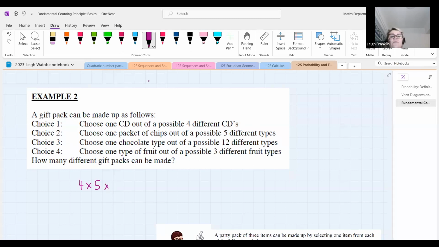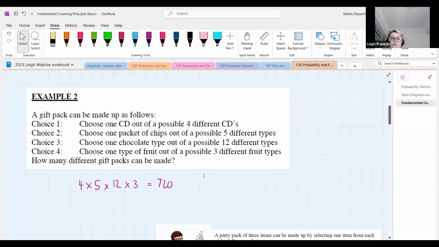Chocolates, there are 12 different chocolates, so choice 3 can happen in 12 different ways. And 1 type of fruit out of 3 different fruits, there would be 3 ways in which that could happen. All right, so what we would do here is multiply all of those numbers together. And that means that there are 720 different gift packs that could potentially be made in this way.